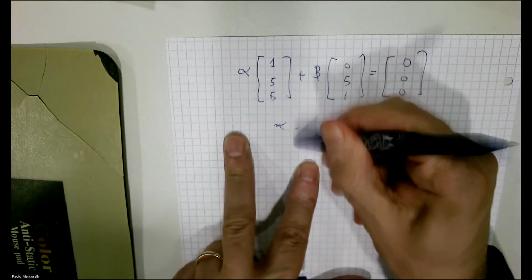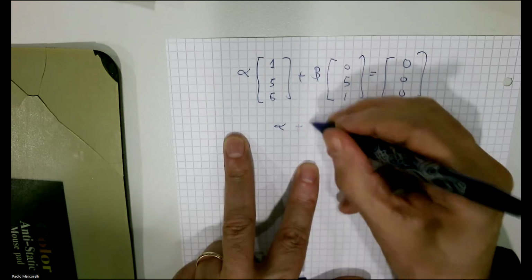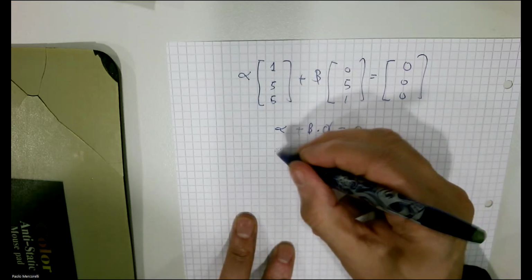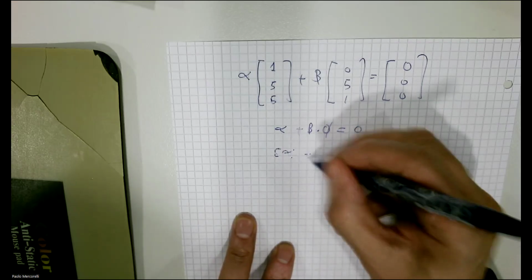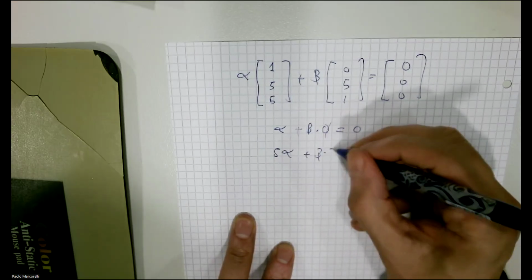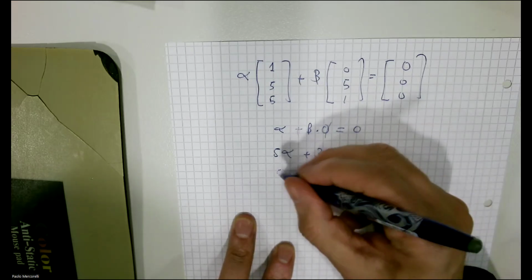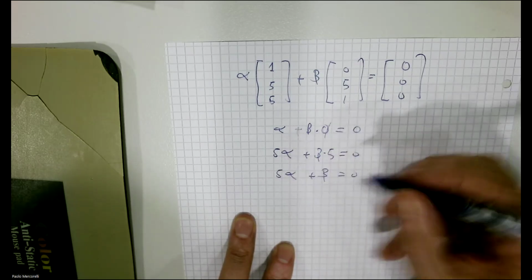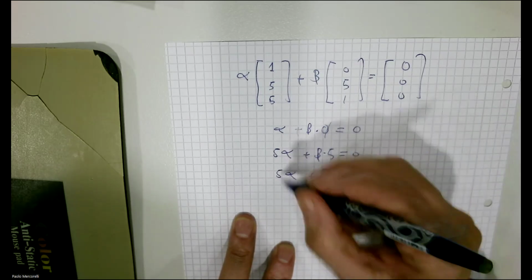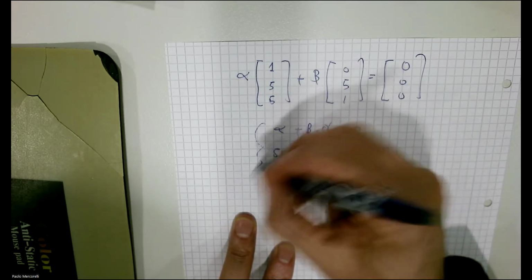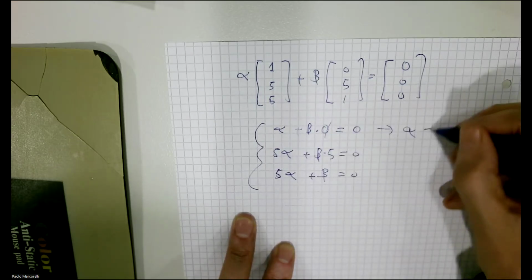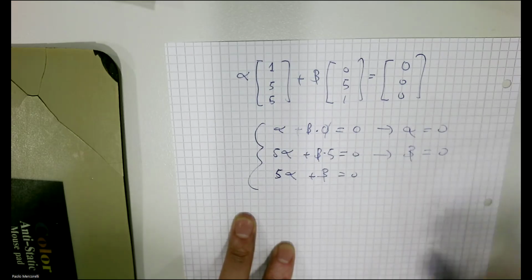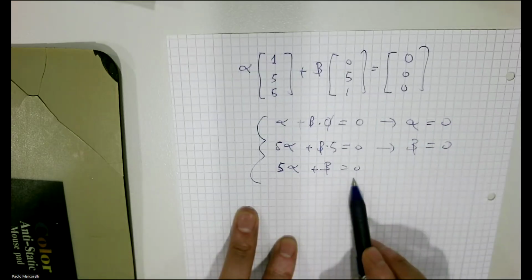Alpha equals 0 because, okay, this is beta, no? This is 5. From here we have alpha equals 0. If alpha equals 0, we have beta equals 0.